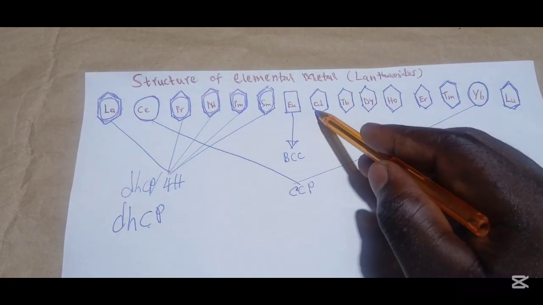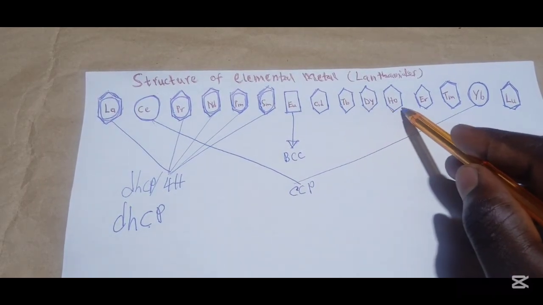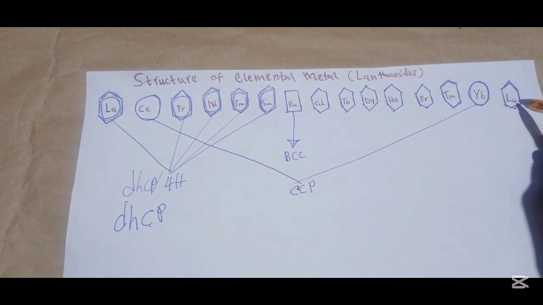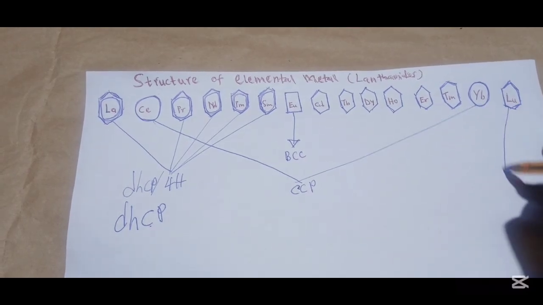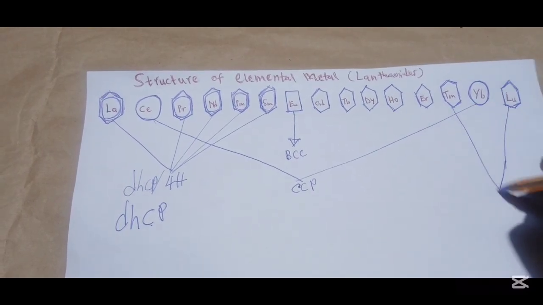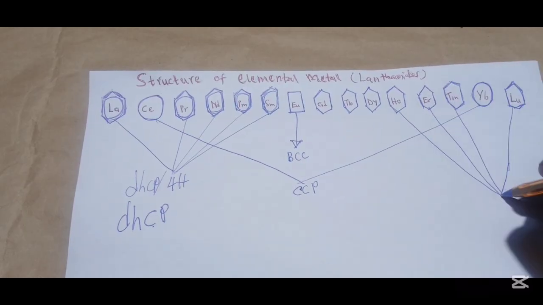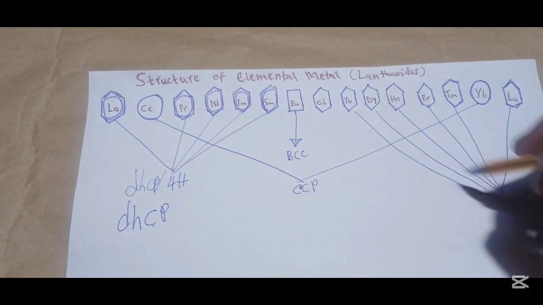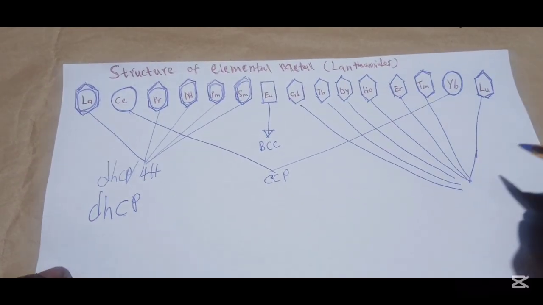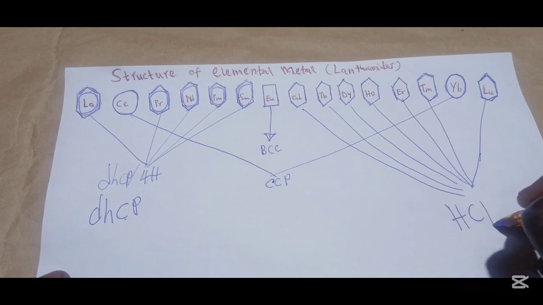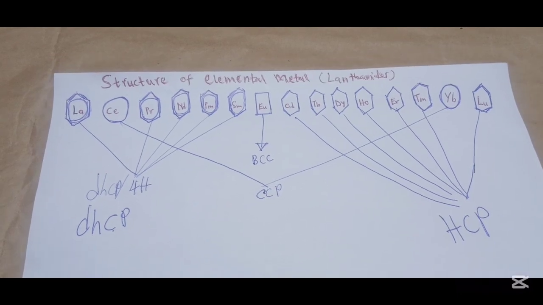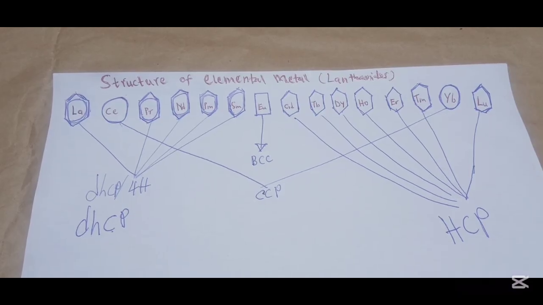After europium, we have Gd, Tb, Dy, Ho, and the last element. These ones have the same structure, which is HCP, hexagonal close packing.